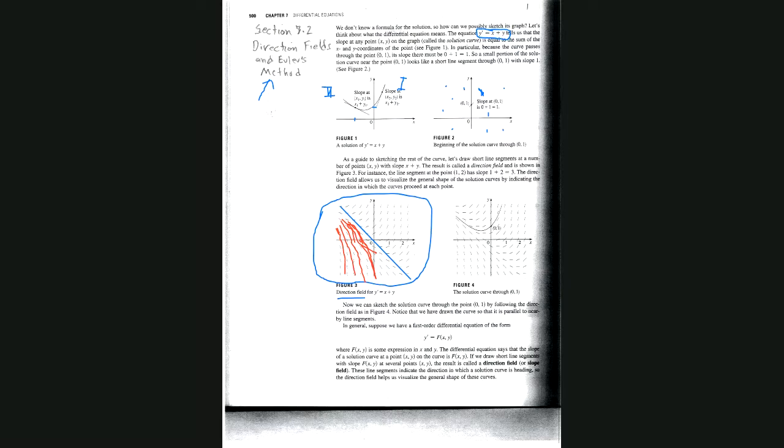It's not a curve, it's not like these curves here. Does anybody know?